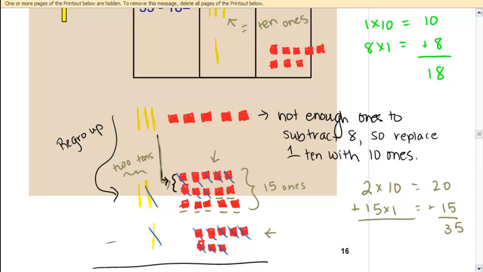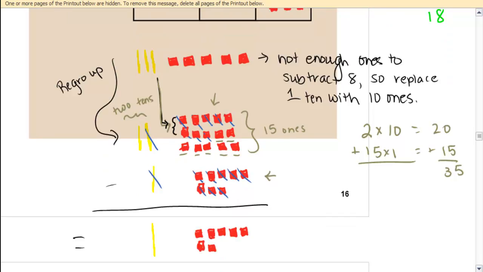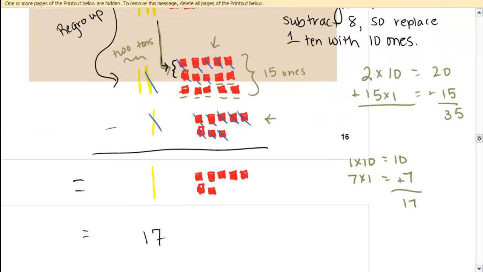And when I subtract my tens place, I end up canceling my bottom 10 with one of my top tens, and I'm left with only 1 ten. So this ends up looking like the following: 1 ten and 7 ones, which is 1 times 10, which is 10, 7 ones, which is 7, and that gives us 17 as our answer.